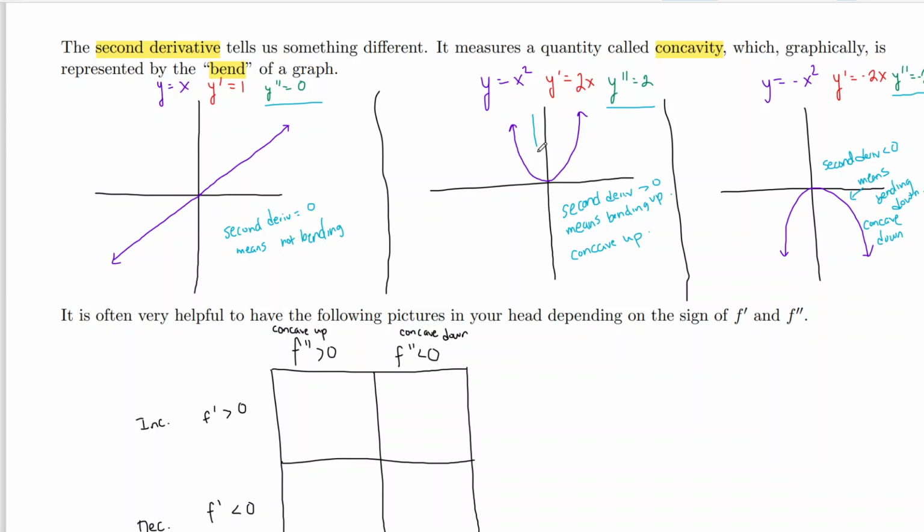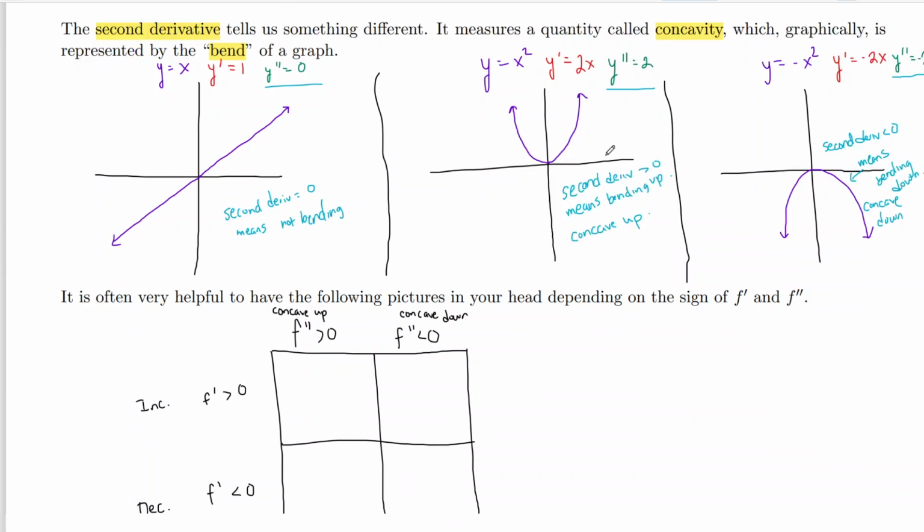It would probably look something like this, although I'll erase that to avoid any confusion, but it would bend more sharply. But just like with the first derivative and increasing and decreasing, if we're looking at a graph, we can't really know whether the second derivative is 2 or 1. It could be 0.01. It could be 1,000. It's really just whether it's positive.